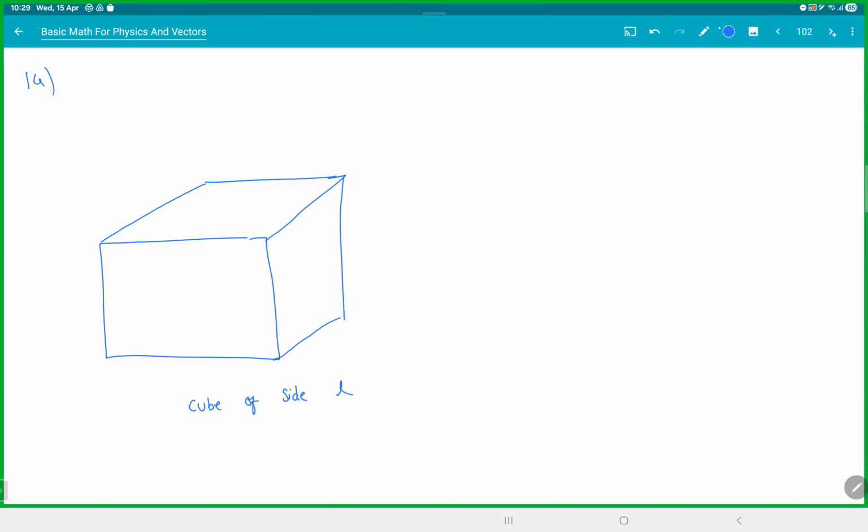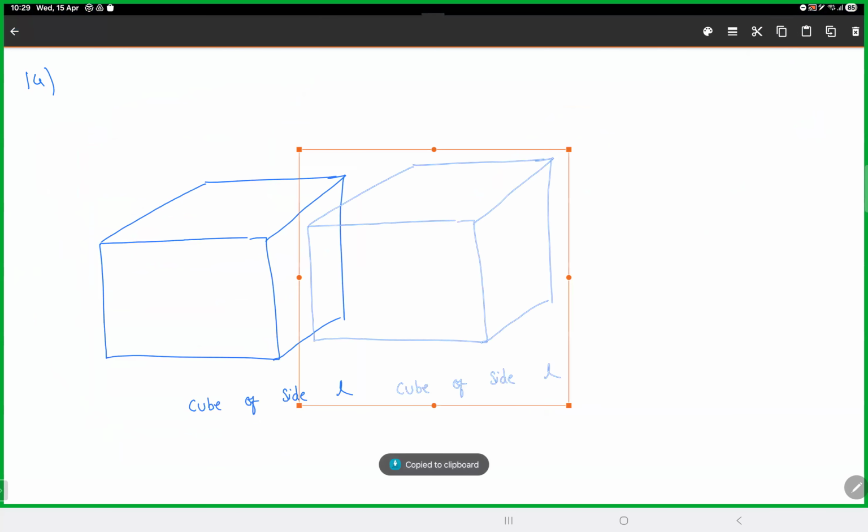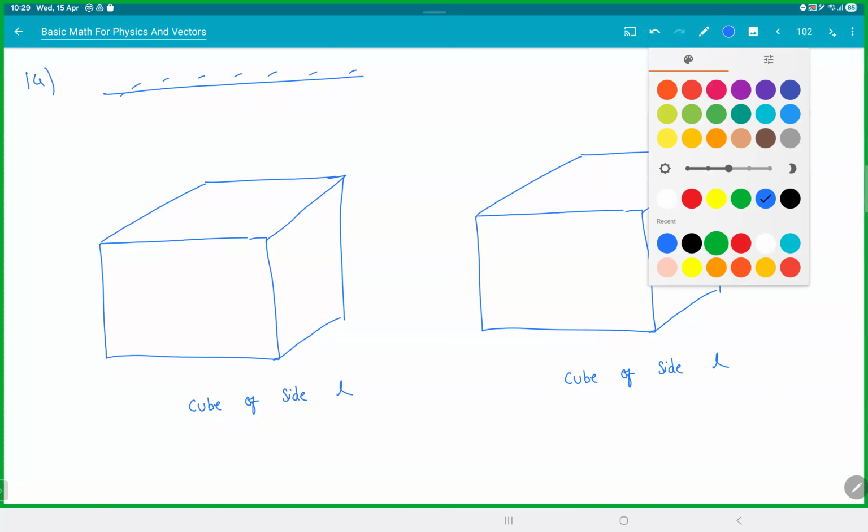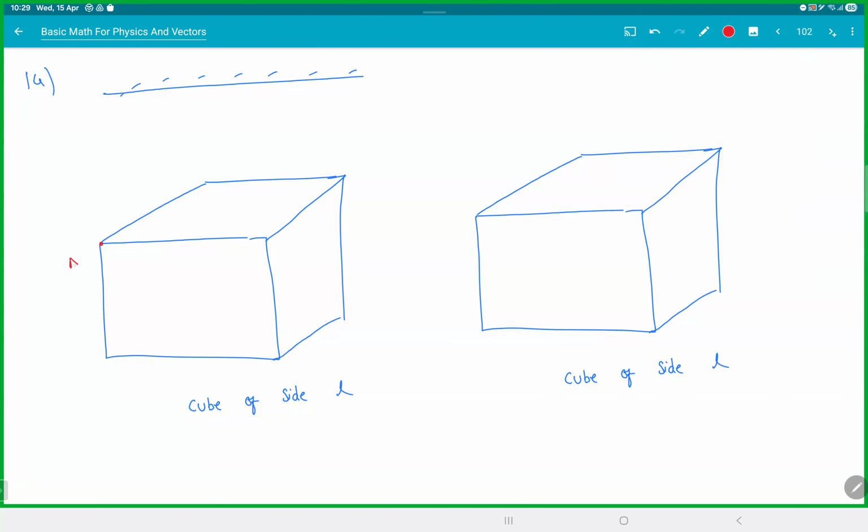Cube of side L. Now what you did, you tied this to the ceiling with 4 ropes. So A, B, C, and D. There, you have tied it with 4 ropes to point O.